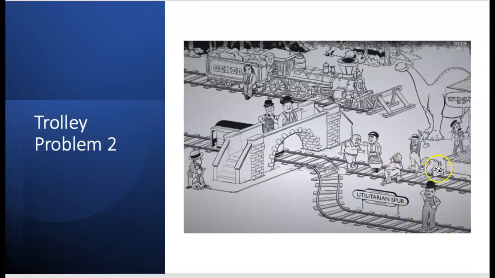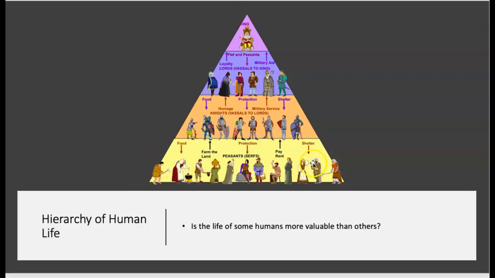And this guy over here is a brilliant scientist who is very likely to cure cancer. So in this particular trolley problem, they're testing the idea, is the value of human life universal or not? And you can use the medieval pyramid where the king is so much more important to illustrate this idea of a hierarchy of life.